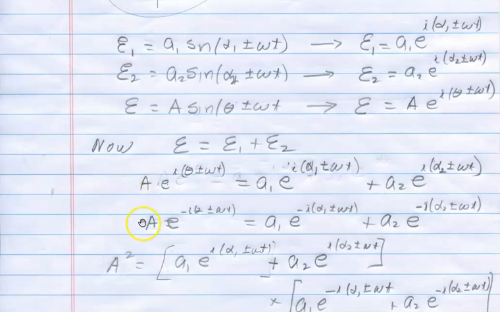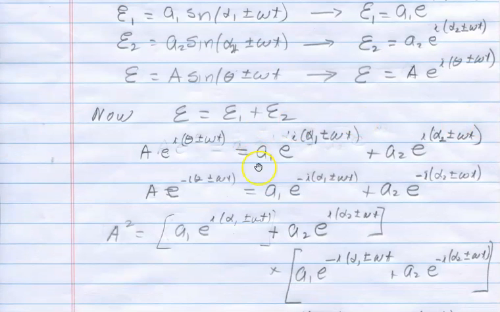And now for this next result, I'll take the complex conjugate of both sides. So in this equation, I simply replace i everywhere by minus i, and then I'll multiply this times this. These two will be inverses, and so when I multiply these two, I'll get A squared.